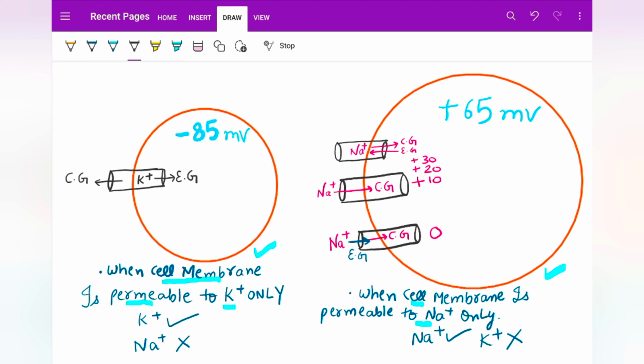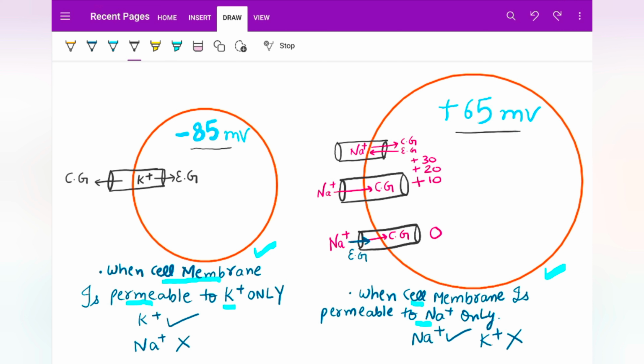Now, let's just say if all the cells in the human body at all the time are permeable to potassium, then they will have their membrane potential near the potassium equilibrium potential, that is minus 85 millivolt. But if all the cells in the human body are freely permeable to sodium at all the time, then those cells will have their membrane potential near the sodium equilibrium potential, that is plus 65 millivolt.